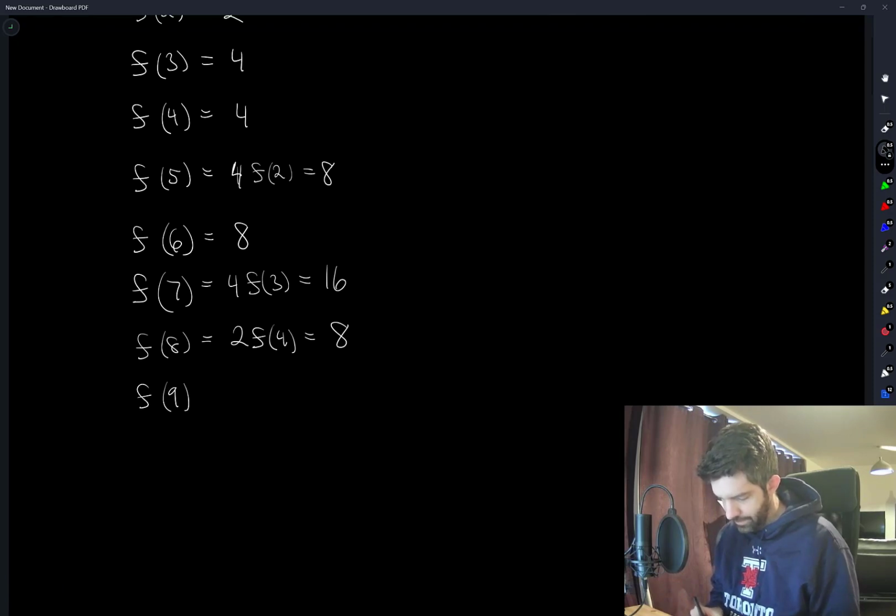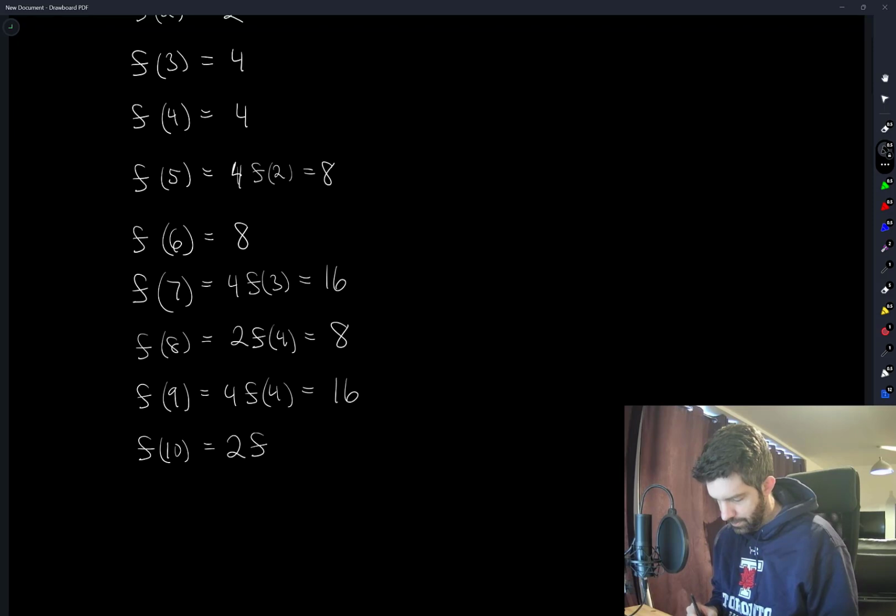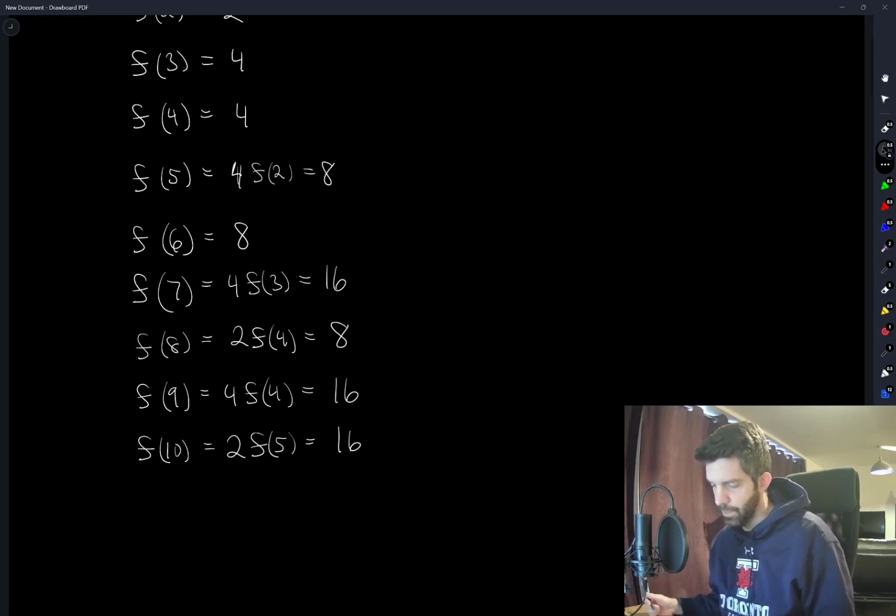F of 9 is equal to 4 f of 4, which is 16. F10 is 2 f of 5, which is equal to 16. So I found 3 values here already. That's the first option in the question.